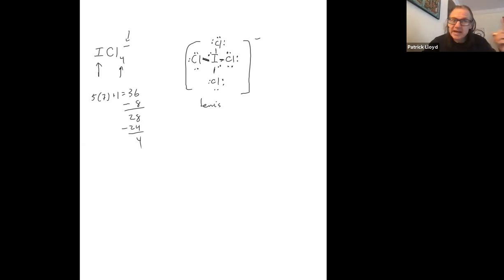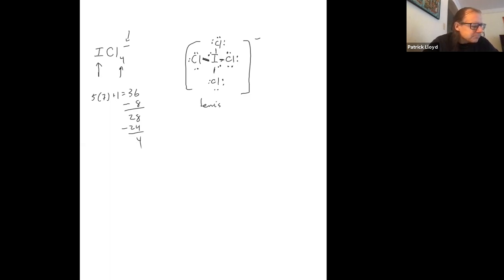So, okay, expanded octet, right? We talked about that in chapter 8. Do a formal charge calculation, and what you would find is that the iodine has a formal charge of 0 in this arrangement, or is it -1? What is it? 7 minus, oh, it's -1. So it has a formal charge of -1. Okay. And there you go.